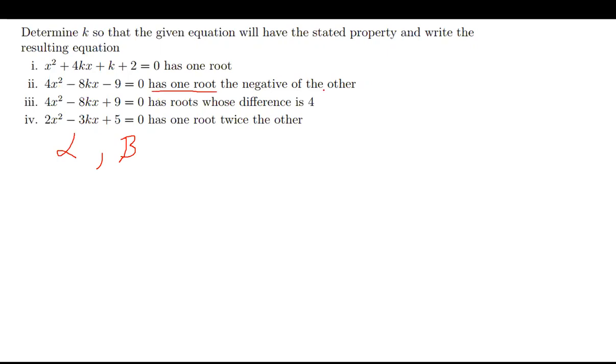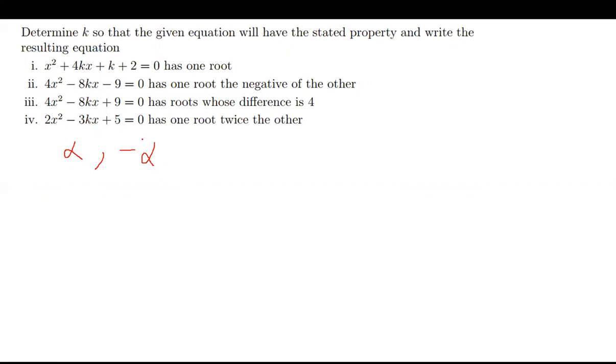So here it's just a matter of understanding the mathematical language. We are dealing with the same roots, but the only difference between the 2 roots is that the one is the opposite of the other, negative of the other. So in other words, the roots that we have here are just alpha and negative alpha. You can either use beta and negative beta or alpha and negative alpha. There's no problem. So these are the 2 roots that we have.